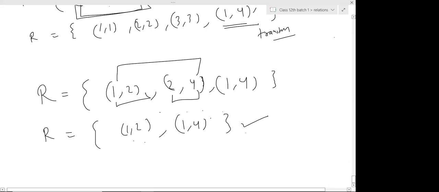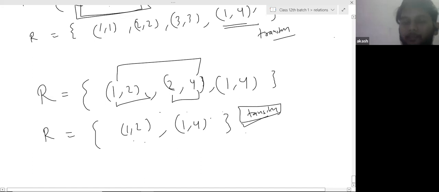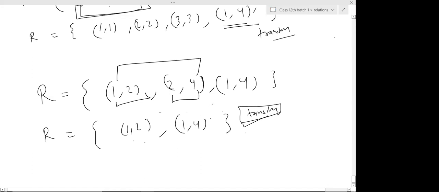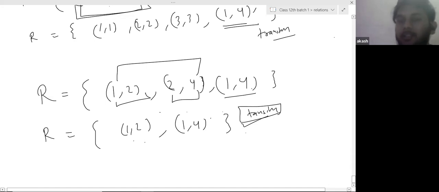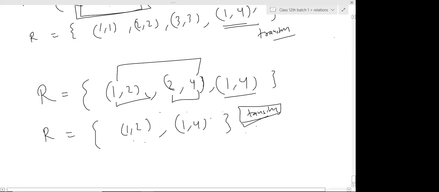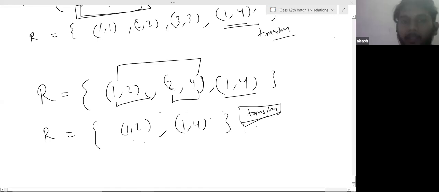Yes, sir. So this would be transitive. If the third pair is missing, then only we can say this is not transitive. Otherwise everything is transitive. Everyone is clear about this? Kulsum, Ronaldo?